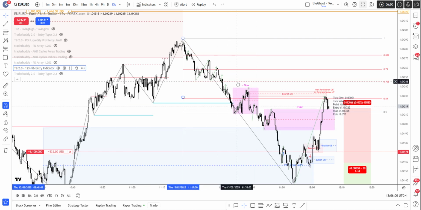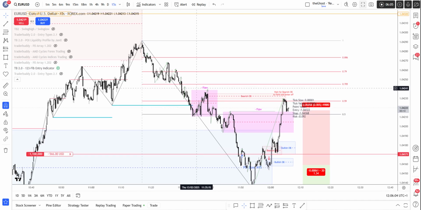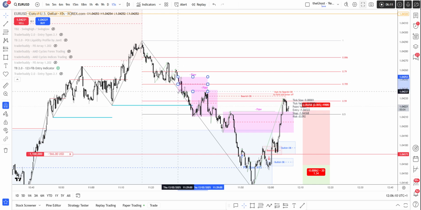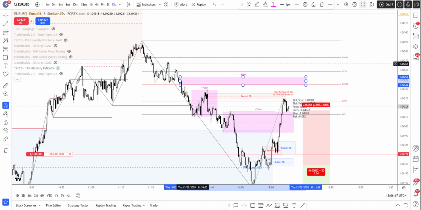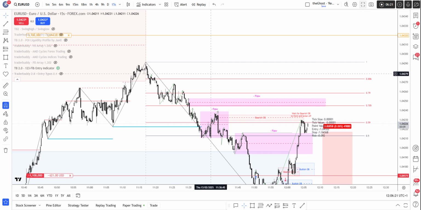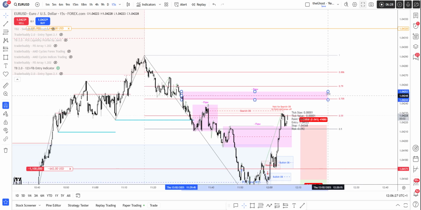Let's see, that's mitigated. Well, here's another unmitigated, which is very tiny. But this is order flow, and this is open order flow even. Okay, do we have another open? No, this is not open, and this is not open. So okay, we have only this open order flow.